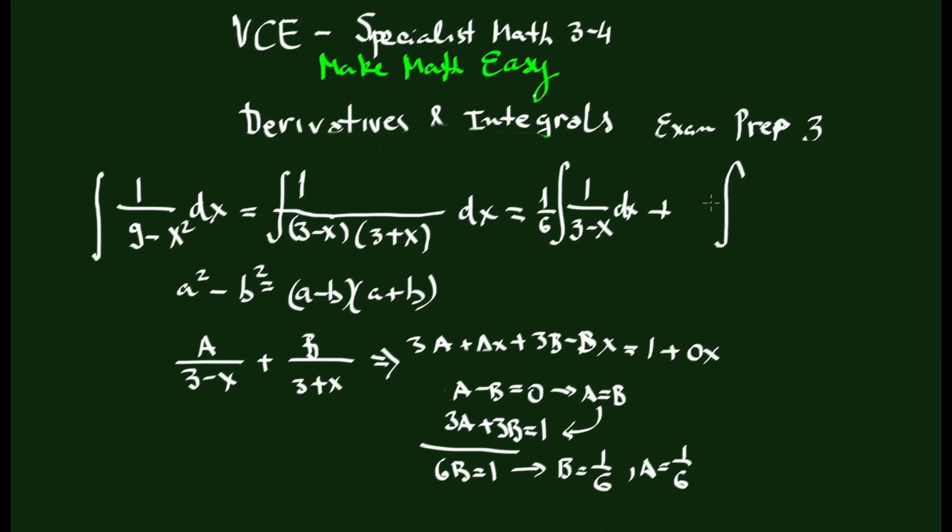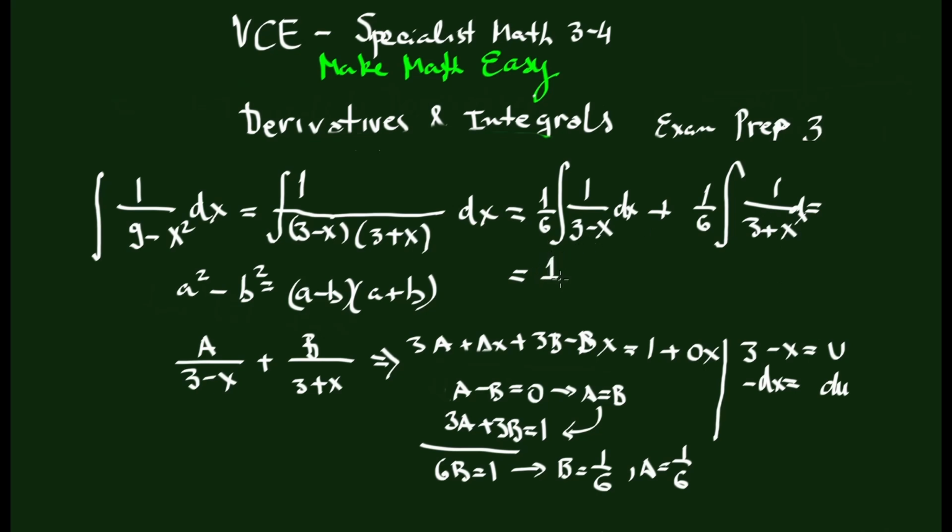And then for the second one we have 1/6, 1, 3 plus x dx. So we can make a substitution. Substituting 3 minus x to be our u, du equals minus dx.